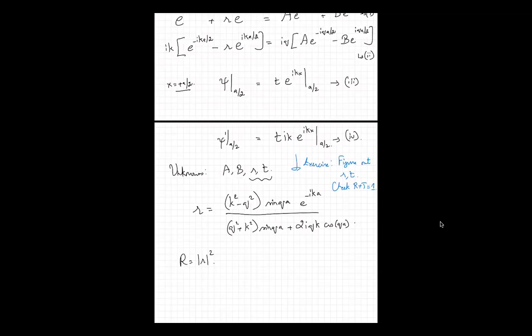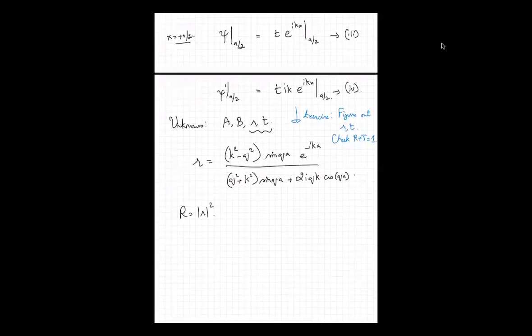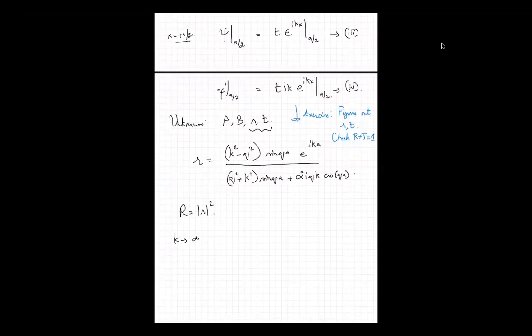Okay. So let us first now pause and understand if our common sense analysis holds true. If the energy of the incident particle is very, very high, in other words, if k goes to infinity, then I expect the particle to just pass through without any problem, right? In other words, none of it should be reflected back.